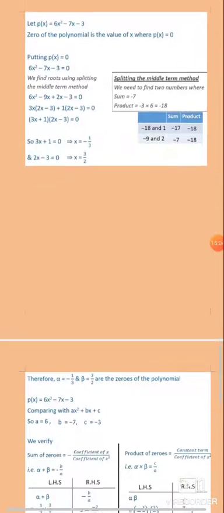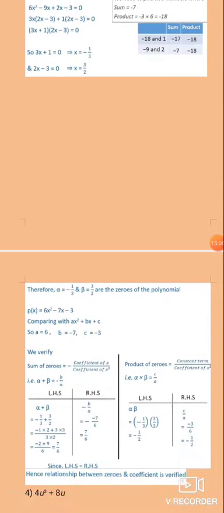Now verification. Okay, so verification: alpha plus beta is equal to minus 1 by 3 plus 3 by 2. Cross multiplied, what we get is 7 by 6. So 7 by 6 is the sum, but the middle term, what sign? Minus.